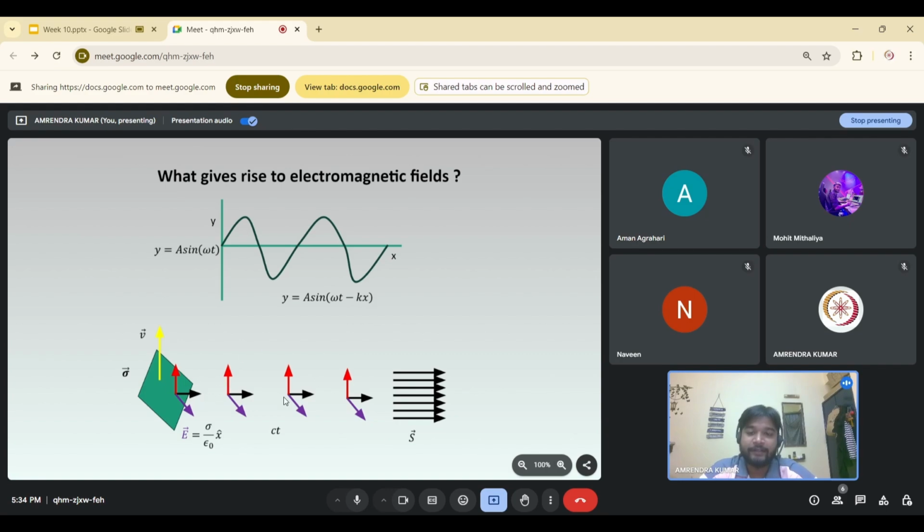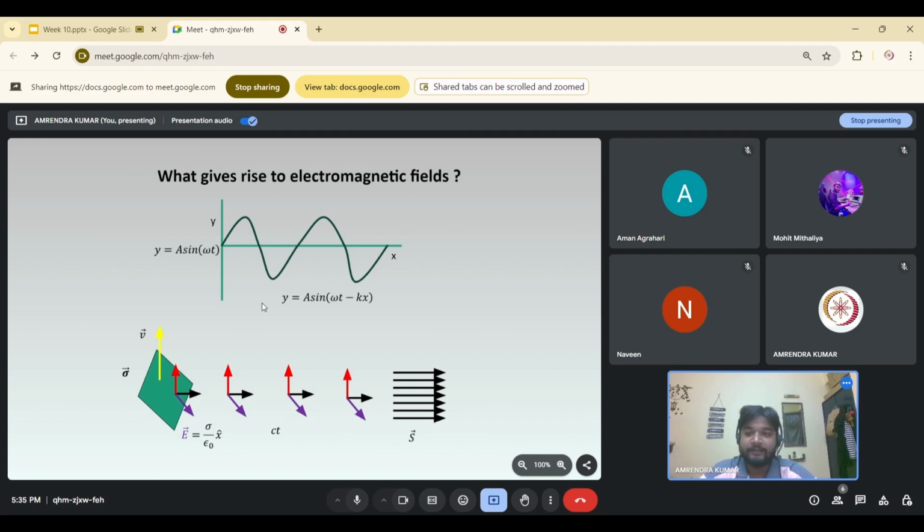Here you can see that this goes to this side, and this is the whole propagating vector. You can understand just by looking at it: the magnetic field is induced by this changing electric field, and the electric field itself is changing with space, because of the charge density at any given point.